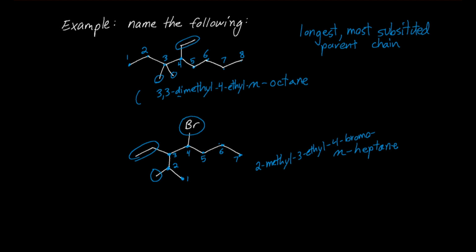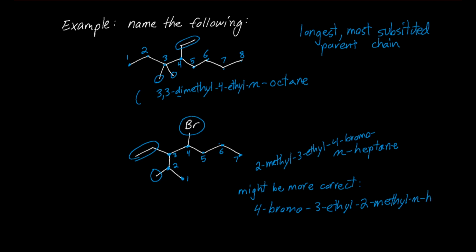There is a rule that says you want to put these alphabetical, so technically it might be more correct, and we'll finish on this, to say 4-bromo, 3-ethyl, 2-methyl, and heptane. I would give credit for either of these.